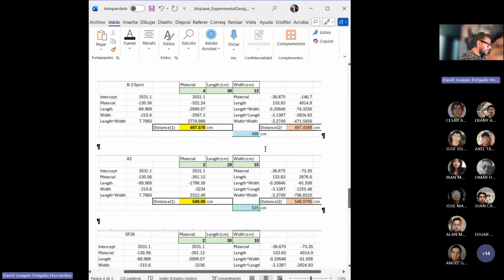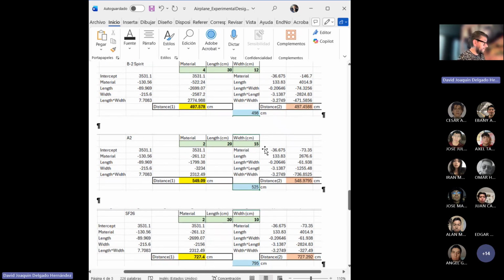Okay, then for the second team, airplane A2, the actual distance was 525, but the first model predicted 549, and the second model practically the same, 548. Okay, so these are very similar.